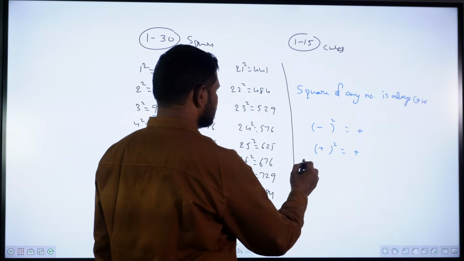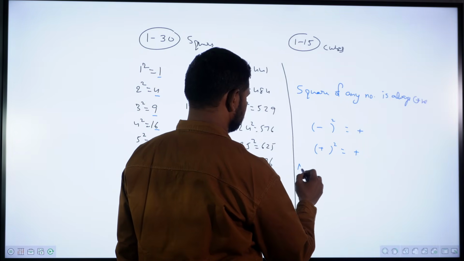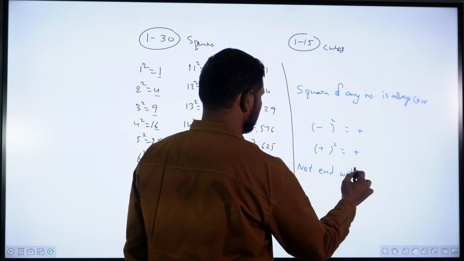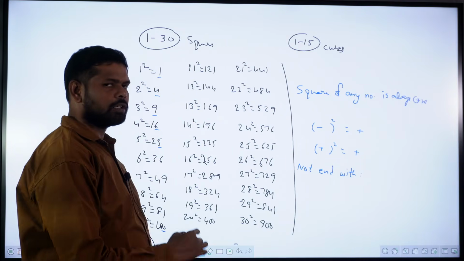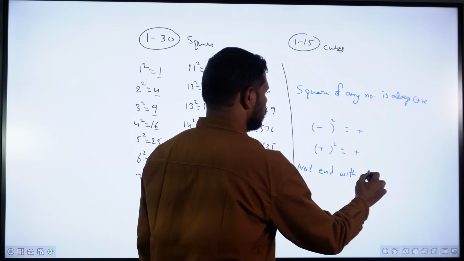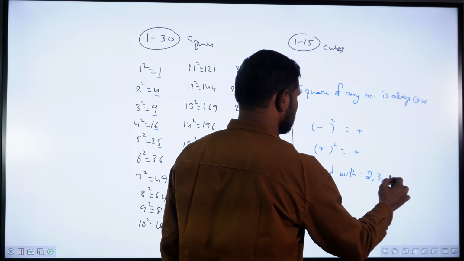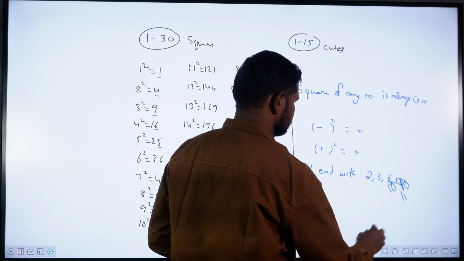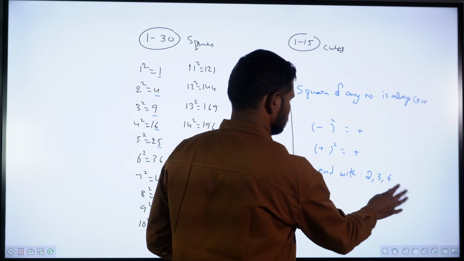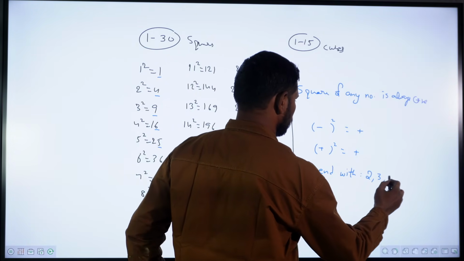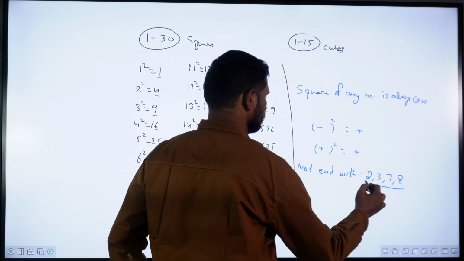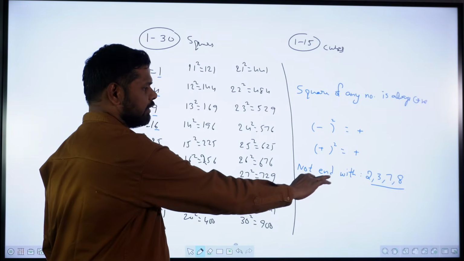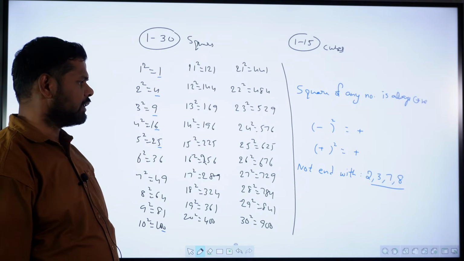So squares never end with certain digits: 2, 3, 7 and 8. Any square never ends with these digits.